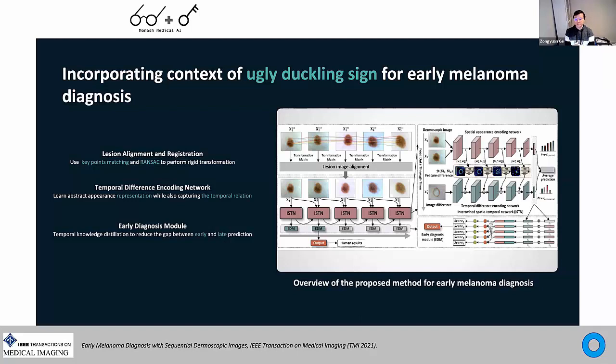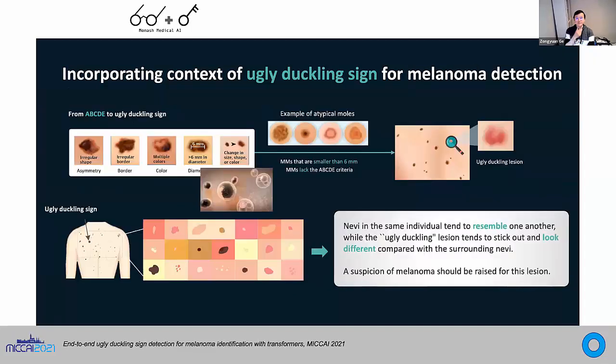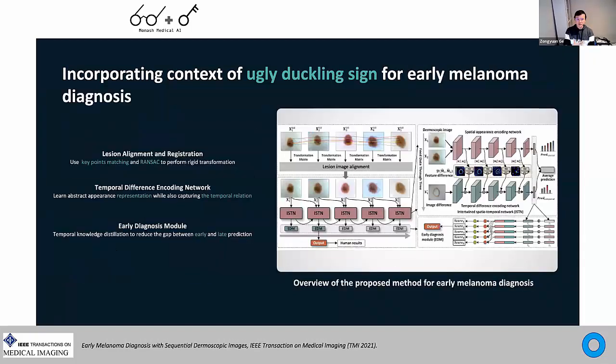We have a special learning mechanism called early knowledge distillation to learn the sequential information, to incorporate the spatial and temporal information together. We have recently published some data and performance in the IEEE Transactions on Medical Imaging, which is a top journal. So the results have been pretty good so far. I don't have time to present today, but it's much better than a single image.